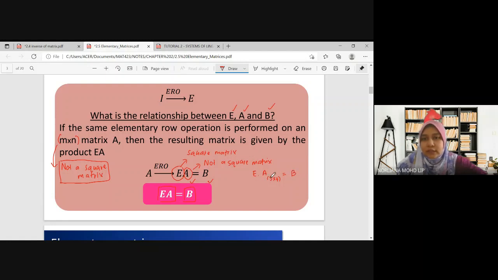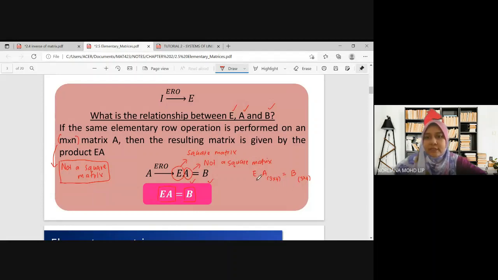Contoh matrix B awak dapat 3 by 4. Matrix B 3 by 4. Matrix A 3 by 4.